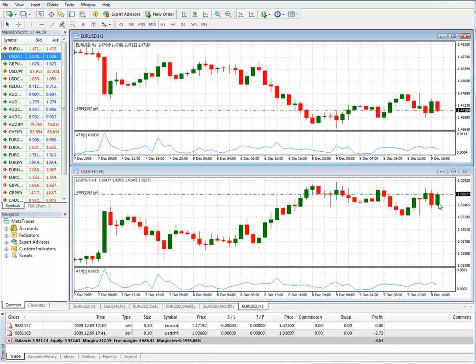When it moves into 20 pips positive territory, you could then simply grab that 20 pips and use it to offset any movement against your original trade. So I hope that makes sense.